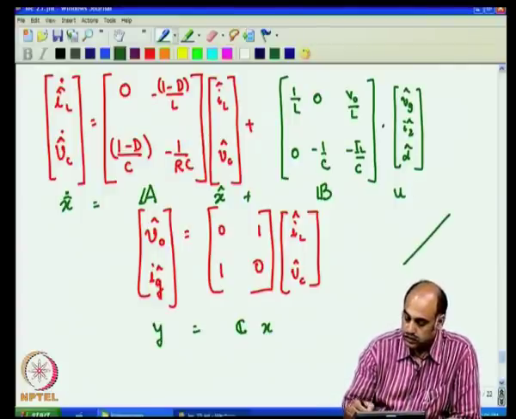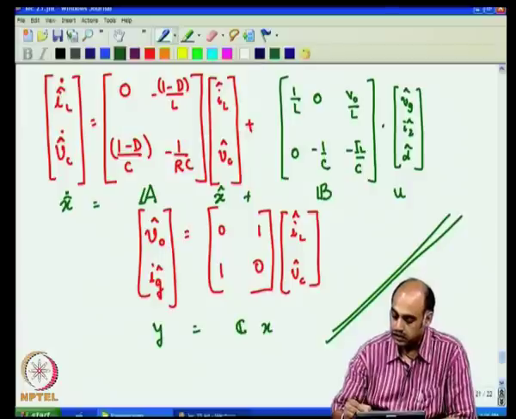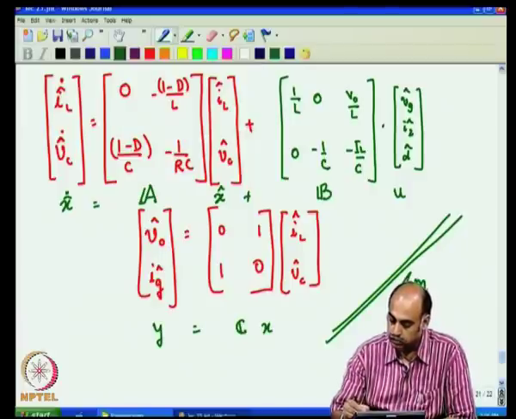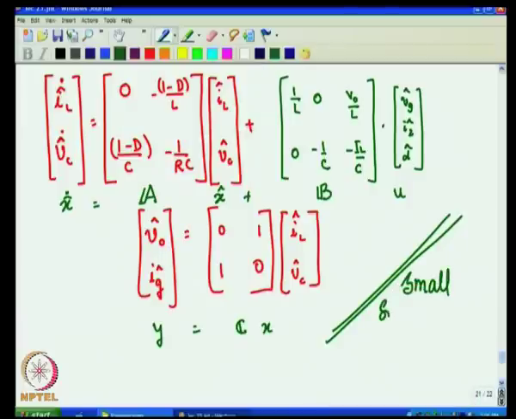So, this model here would represent the small signal model of the boost converter.